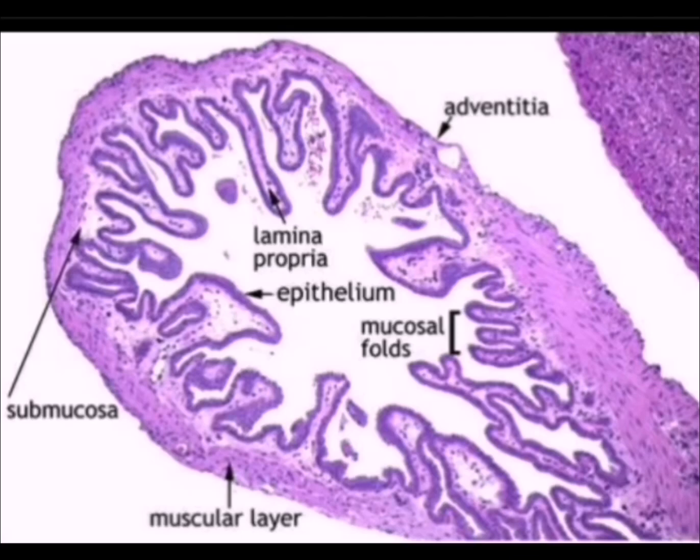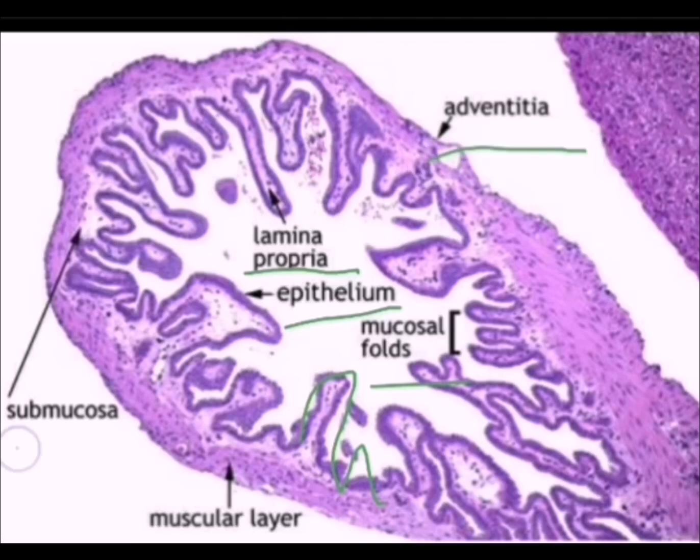This is a picture of a slide at about 4x, right? And the points are marked also, so you can see the mucosa is in a folded way, right? The folds you can see, and then here is the lamina propria. Epithelium is mentioned, and now you know that the epithelium is of a simple columnar type. Mucosal folds are mentioned, and after that we do have an adventitia.